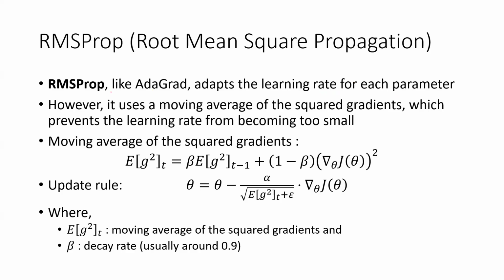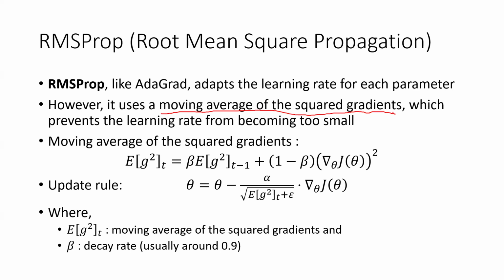That is the similarity. This is the same as AdaGrad, but instead of just using the gradient updates, we are using the moving average of the squared gradients in the RMSProp algorithm, right?